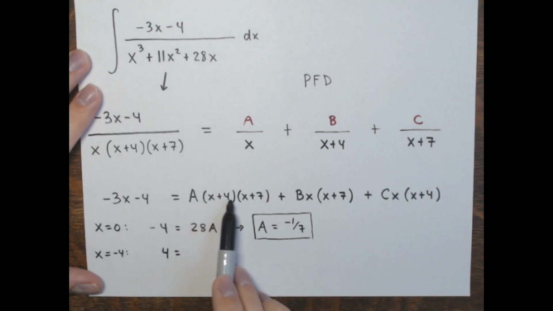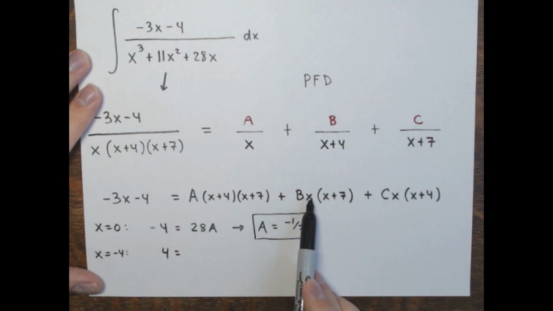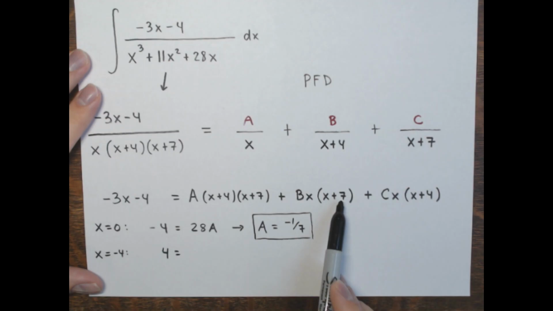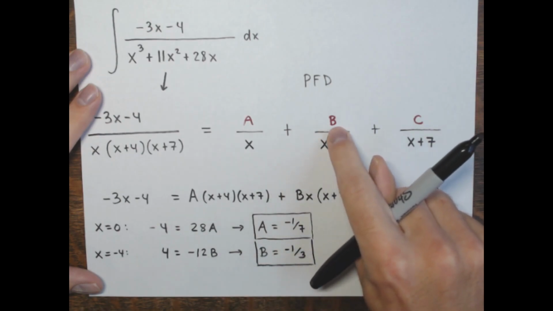On the right side, you got no A, no C, and then negative 4 times negative 4 plus 7, so negative 4 times 3, negative 12B. And solving this for B, divide by negative 12, B would be negative 4/12, or negative 1/3. So there's the value of B. I'm going to put that here in the PFD.